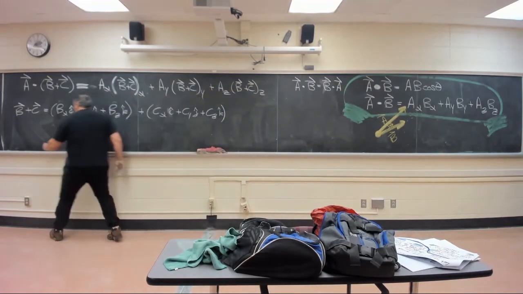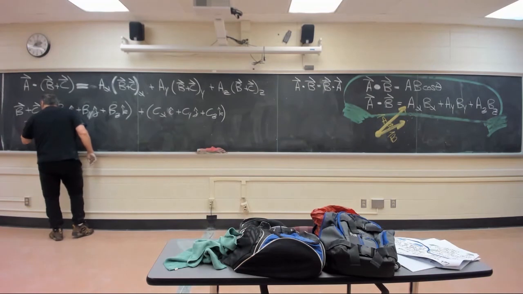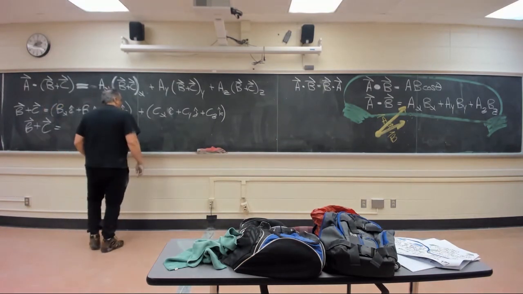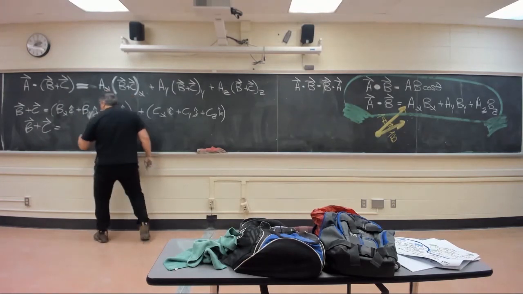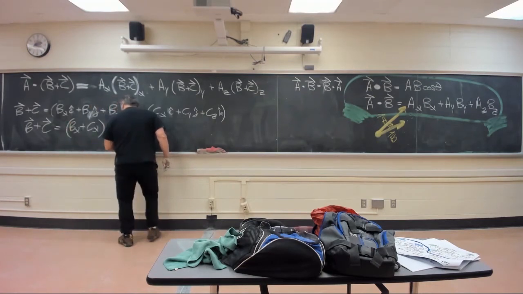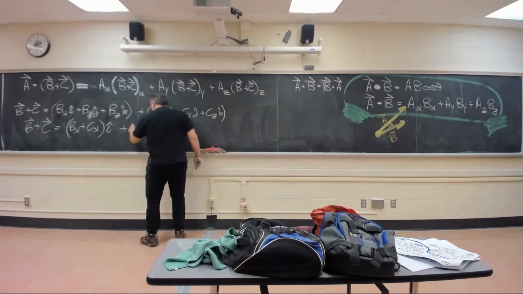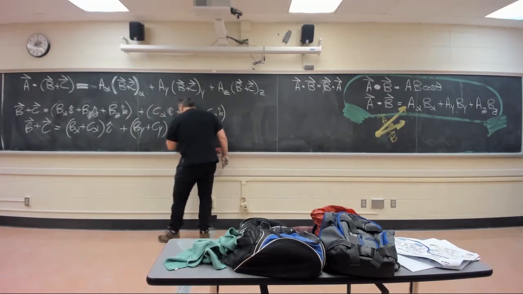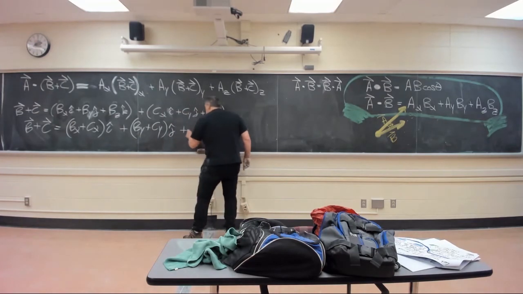What does that mean? B vector plus C vector. I'll tell you what, just add the components together. Bx plus Cx, that's an i hat. By plus Cy, that's a j hat times all that.